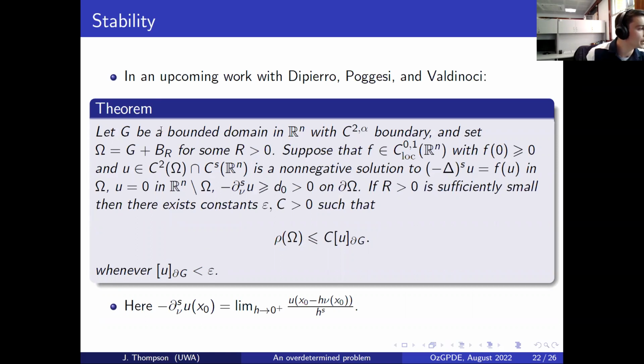Now, this is a theorem in an upcoming work, again with Serrin, Dipierro, Giorgio Poggesi, and Enrico Valdinoci. And basically, it says that under certain assumptions, this is the inequality we get. So we can control rho of omega using this Lipschitz quantity. And this is when this Lipschitz semi-norm of u is sufficiently small.